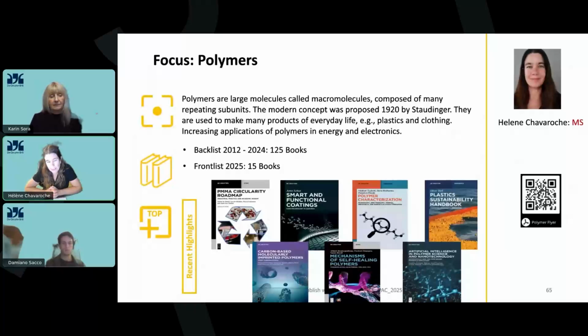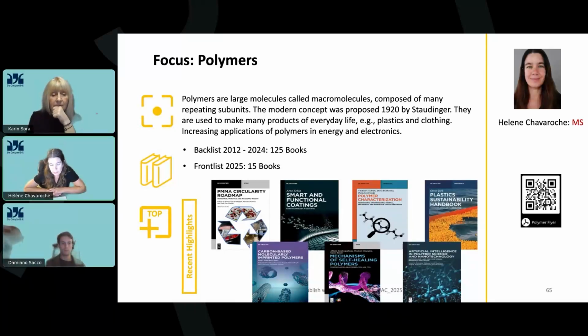We've published in the field of polymer, same as nano, about 100 books. We've published books on fundamental topics such as polymer characterization, sustainability, plastic sustainability, PMMA circularity.